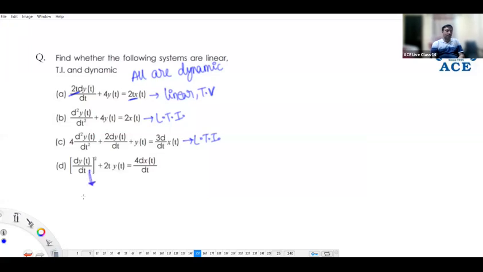In the last one, (dy(t)/dt) whole squared is there, which means non-linear. And 2t y(t), a coefficient that is an external function of time, means time variant.